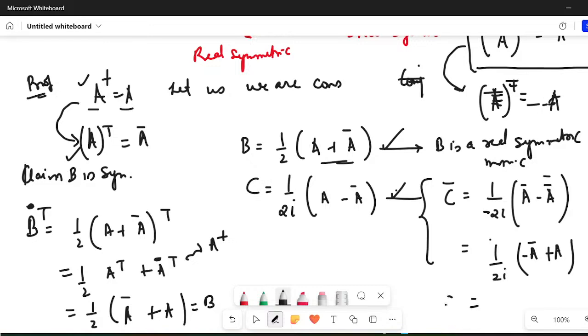So what we have got is that C conjugate is simply equal to C. If I do the conjugate of each of the elements, I'm getting C. So what does it imply? It implies C is a real matrix at first. Okay, is that clear? I hope it is clear. Please let me know.